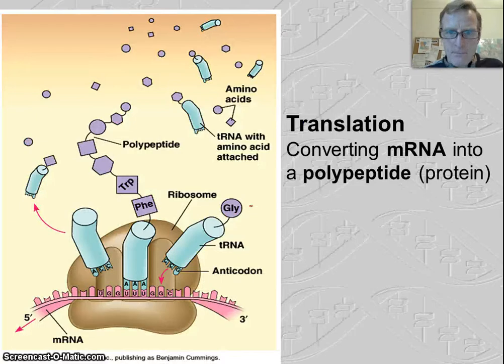Okay. When we get to the ribosome, the next step is called translation. You can think about translating as going from one language to another. And that's sort of what we're doing here. We're going from the language of nucleic acids, DNA and RNA, to the language of proteins, amino acid sequences. So we've got these RNA triplets. They're called codons, right?